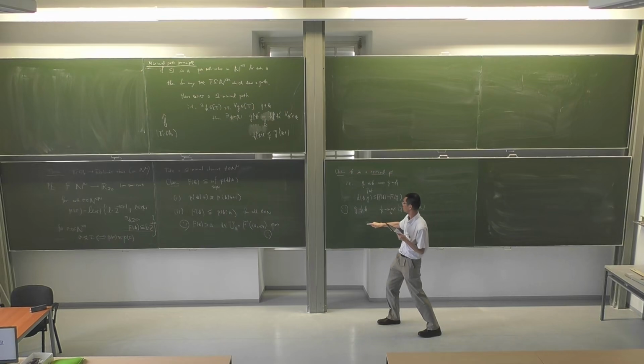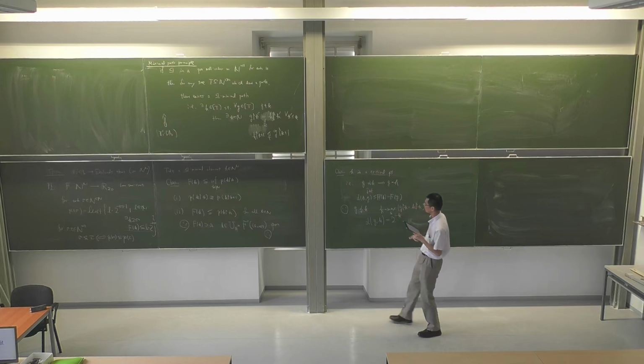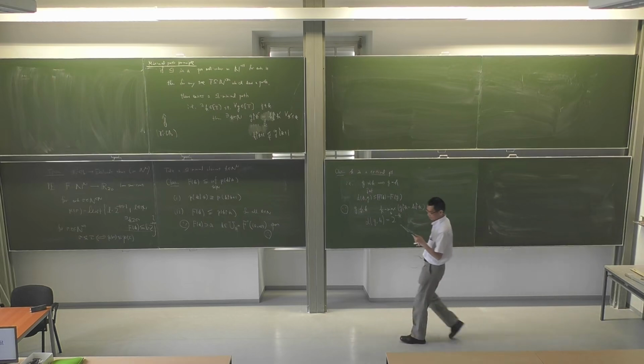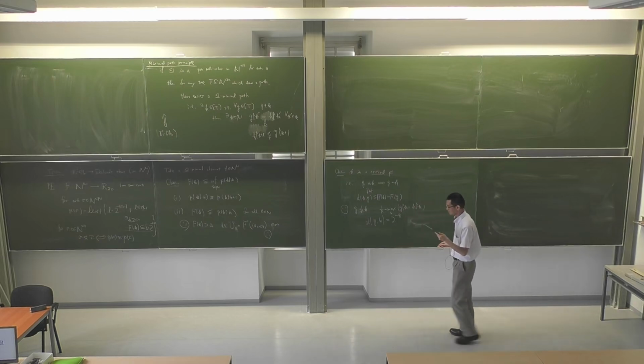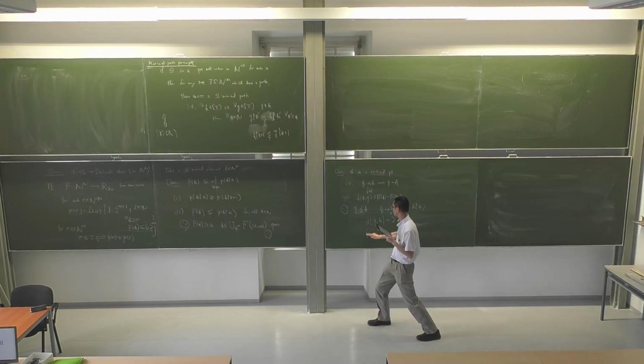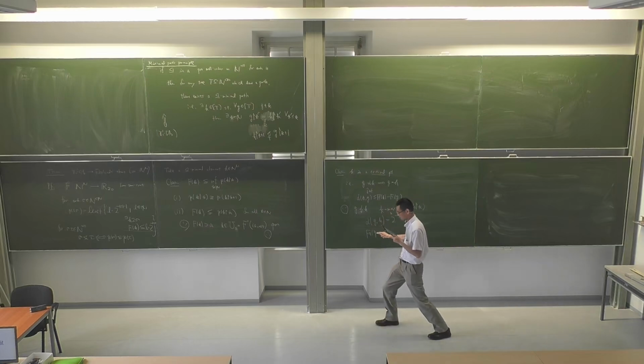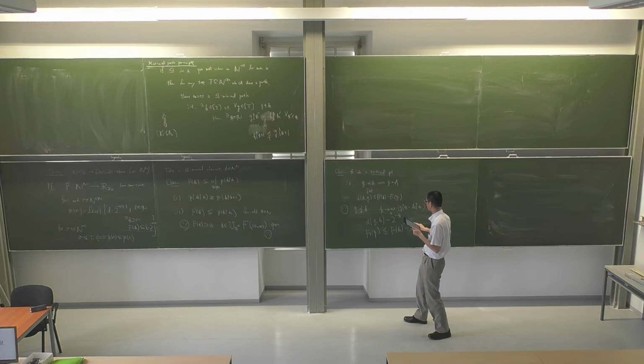Then the distance between g and h is just 2 to the minus k. That's just the definition of the distance function on Baire space. So that means, by this, F of g has to be smaller than F of h minus 2 to the minus k.